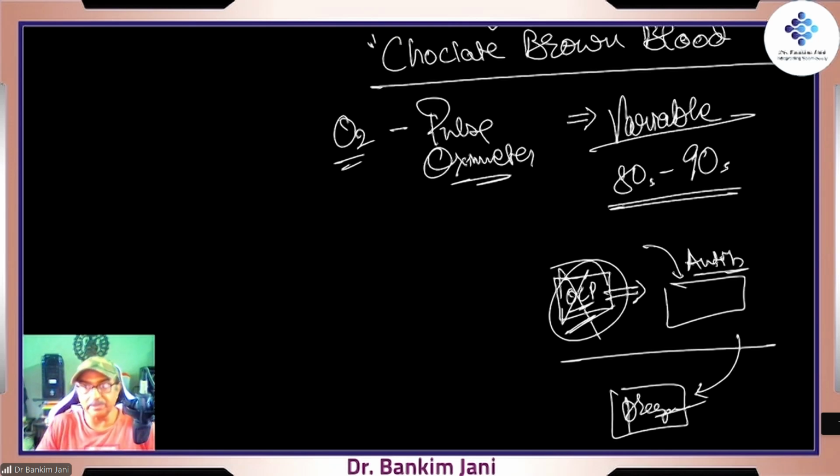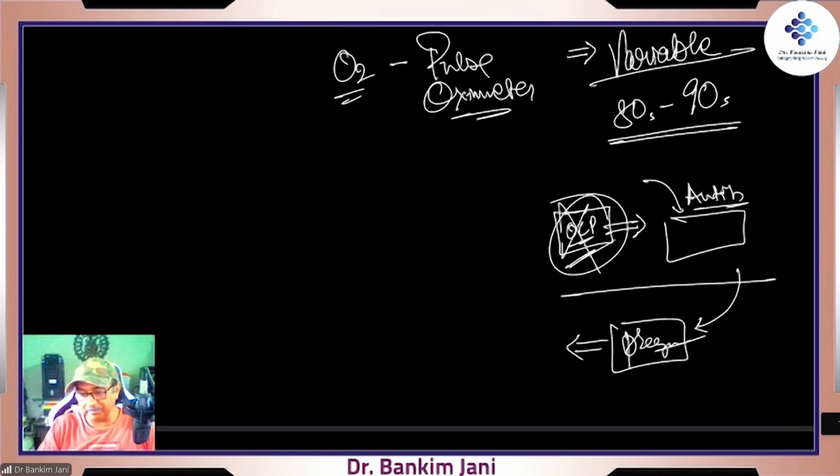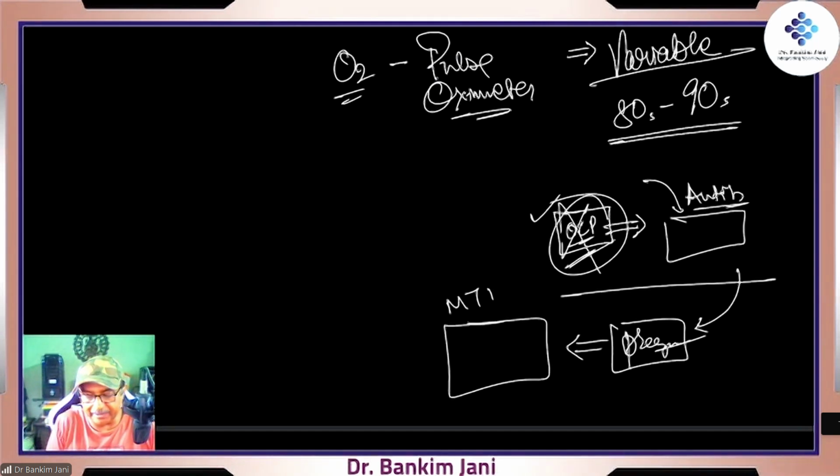Who is responsible? Because the patient does not know, and sometimes they feel that since the OCP is being taken, there must be some irregularity of the hormones. By the time they really go for the ultrasound or the check, many times the window for MTP, medical termination of pregnancy, is gone.